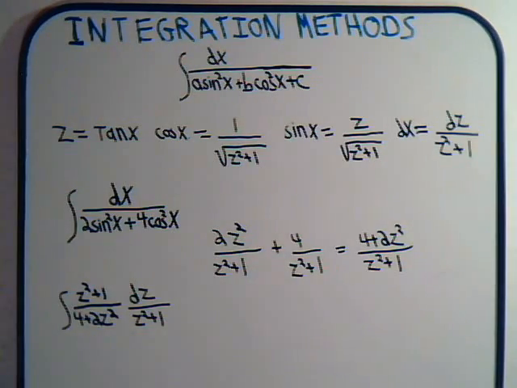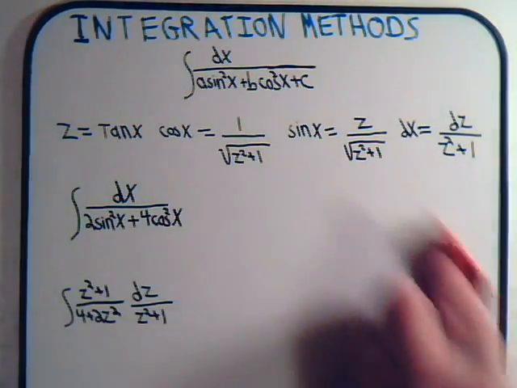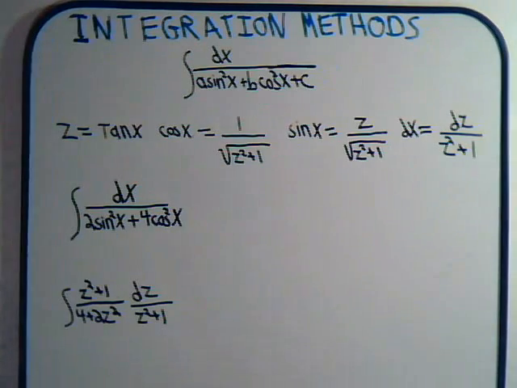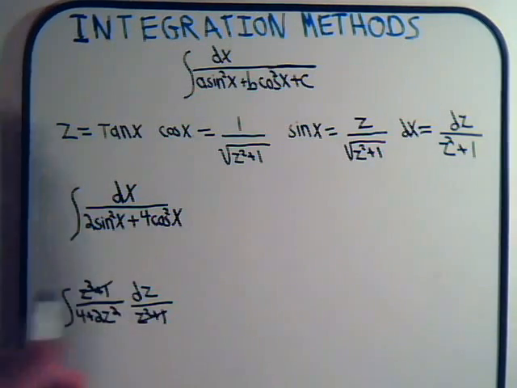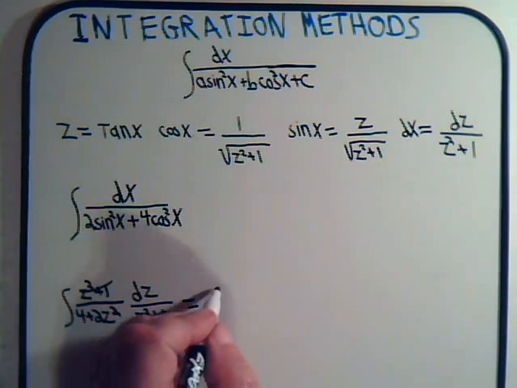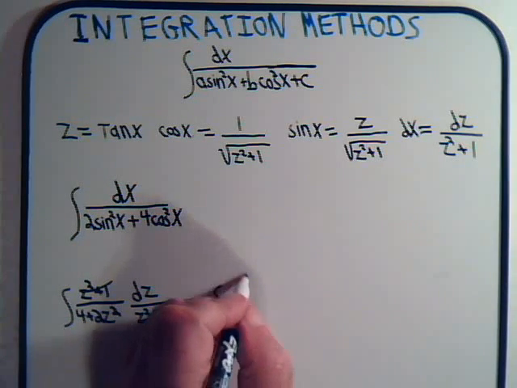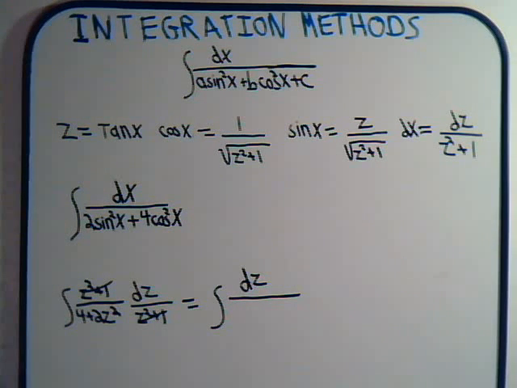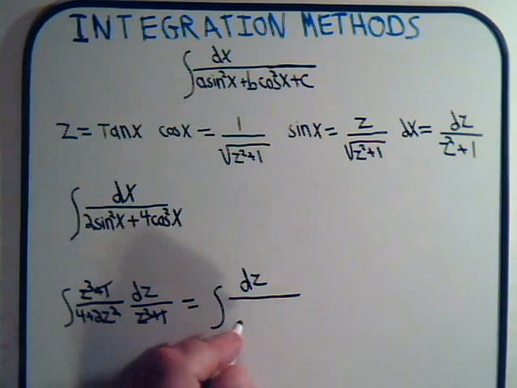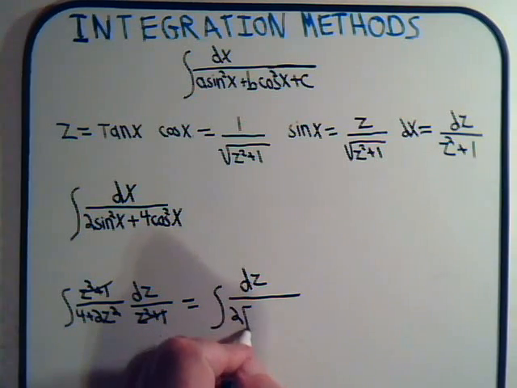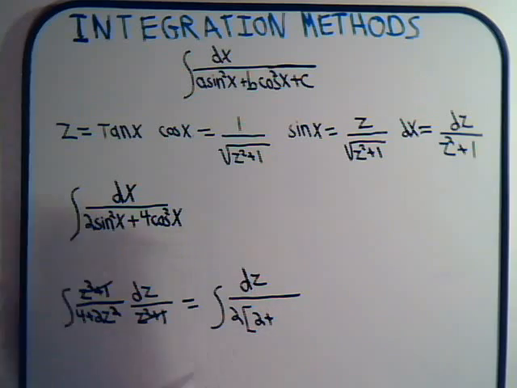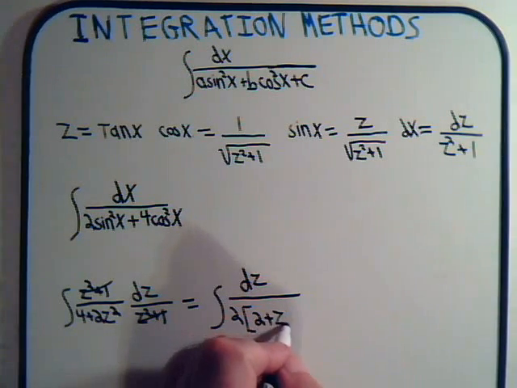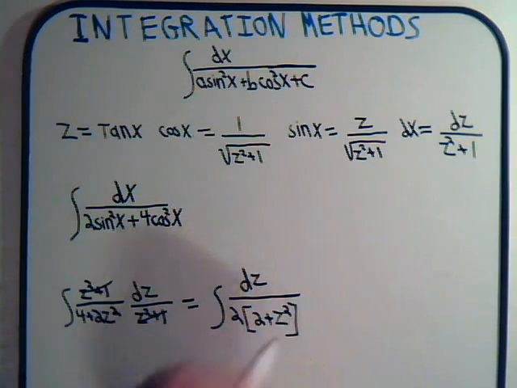And let's make some room here. So these cancel, and we have the integral of dz divided by 4 plus 2z squared, and I'm going to factor the 2 out of there, so it's going to be 2 times 2 plus z squared.